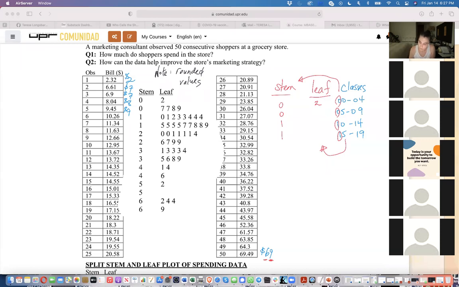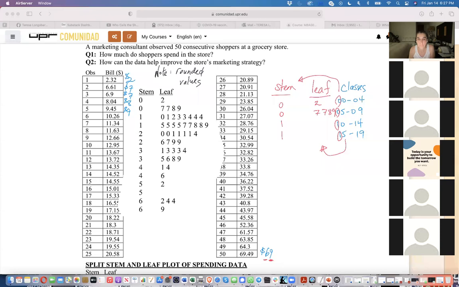So first we have 2, next we have 7. 7 goes here in the next class. And the next value is also 7. And then we have 8 and 9. So all of these need to fit: 7, 7, 8, and 9.